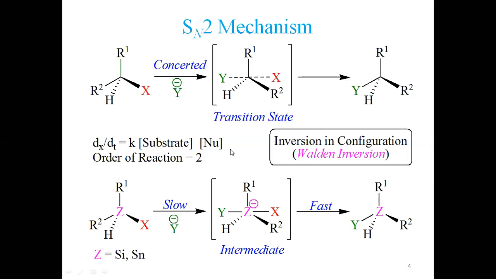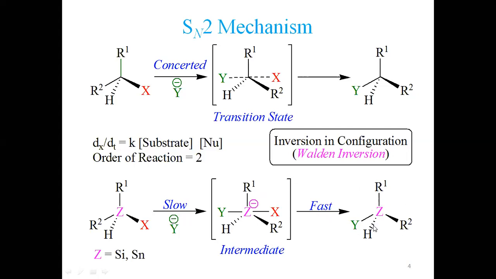So what happens? These electrons, supplied by the nucleophile, are accommodated in the d orbital. That's why it forms a pentavalent structure, where this tin or silicon carries a negative charge. What happens next? The nucleophile adds first, and in the next step the leaving group leaves, resulting in this product.